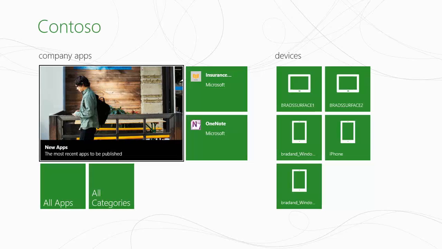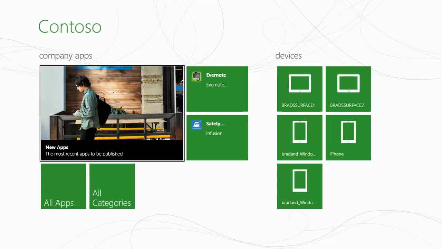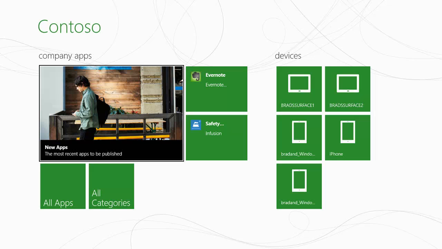If I look at my Windows Phone device, down the bottom, I've got the wipe as well. So as Jeffrey mentioned, we don't do a wipe on the Surface, but we can do the wipe on the Windows Phone because the platform provides the API to enable that. So as a user, I can do those things myself from my device.